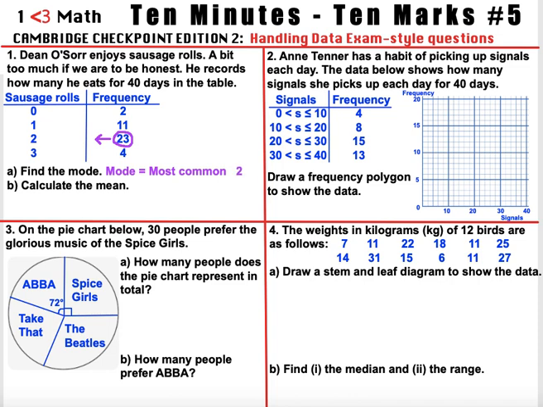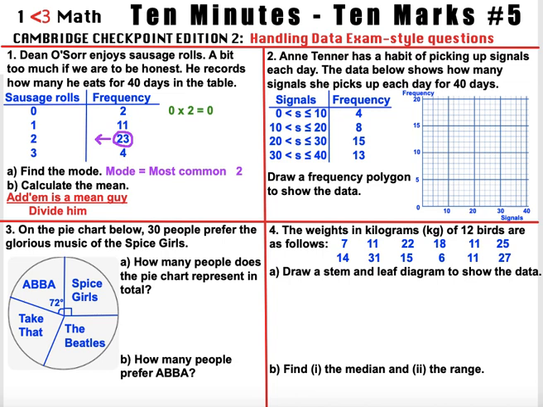Now to calculate the mean, I always say Adam is a mean guy, divide him. What I mean by that is we need to add the numbers up and then divide by how many there are. So to find out the total number of sausage rolls, we need to multiply out this table. Now there were 2 days where he ate 0 sausage rolls. 2 times 0 is 0.